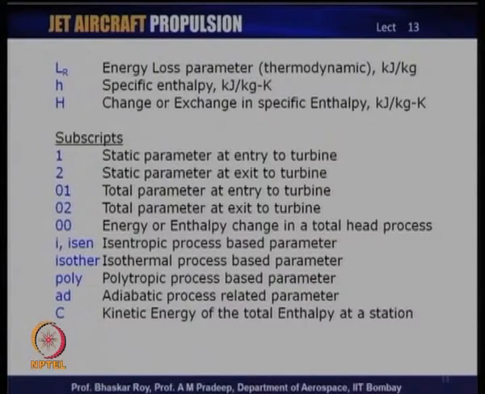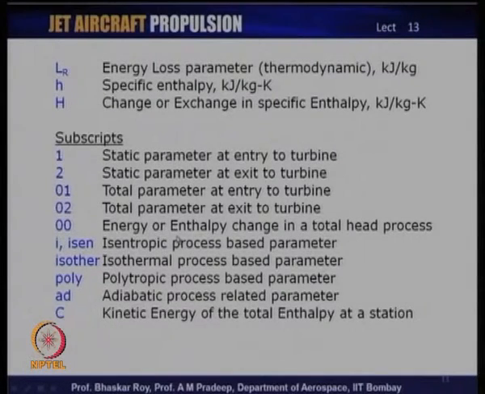The parameters that we have talked about are listed over here. We have talked about the energy loss parameter, which we have said is LR. h is the specific enthalpy, and capital H is the change in specific enthalpy from one station to another, and these are the subscripts. 1 is the entry, 2 is the exit, and 01 is the total parameter at entry, 02 is the total parameter at exit. 00 is normally the enthalpy or energy change in the total head process.